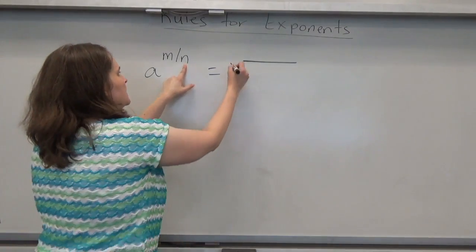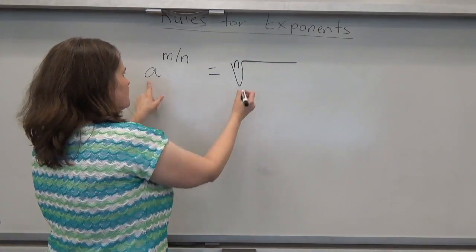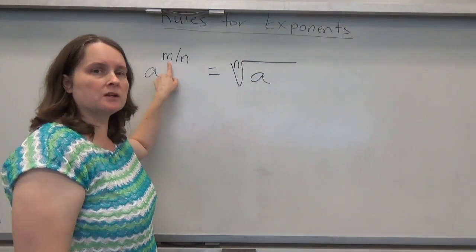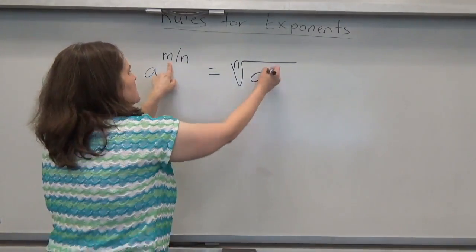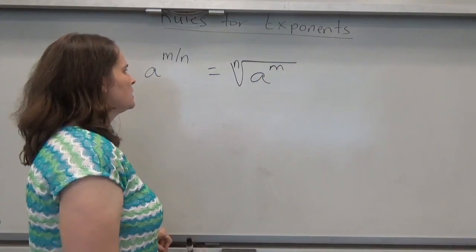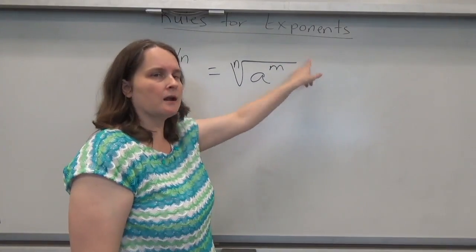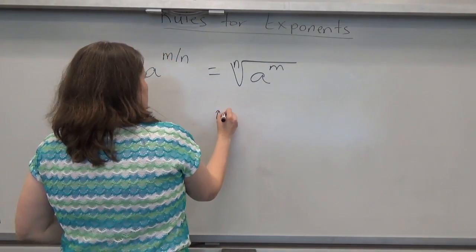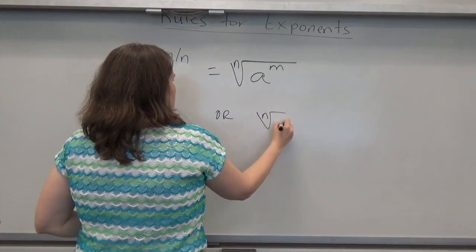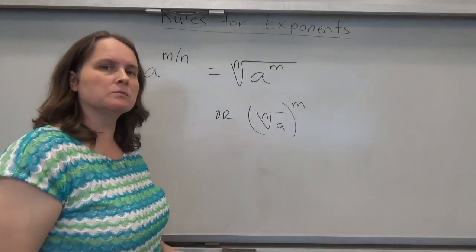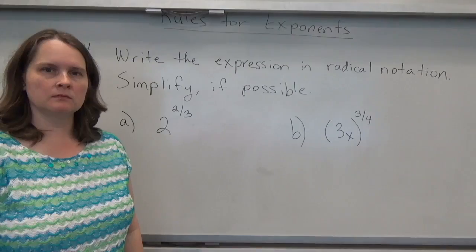So we're going to put the nth root of our base a, and then the numerator is going to be our new exponent, so a to the m power. Okay? This can also be written if you put the exponent on the outside of the radical. So you could say the nth root of a raised to the m power, like this. They're both correct. Sometimes one is more helpful than the other.